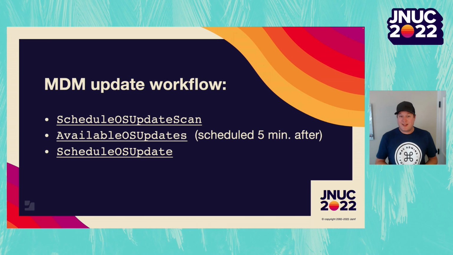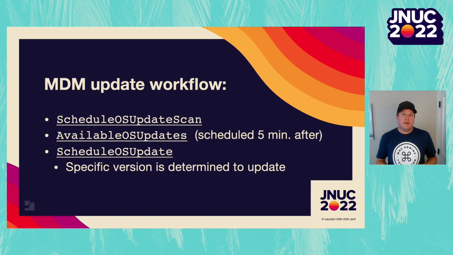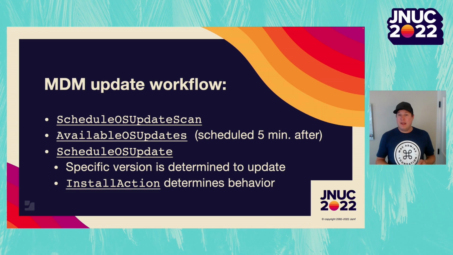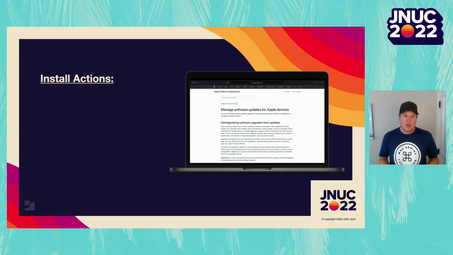Then Jamf Pro will send a schedule OS update command to the computer to have the computer schedule and take care of that update. But in that command, that specific version will be determined, as well as the install action, which determines the behavior. And truly working with the right install action for your use case is a very important thing to consider.